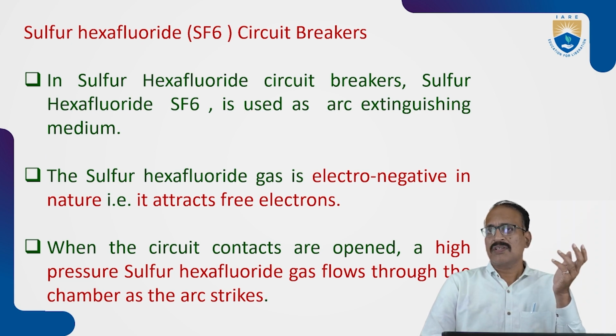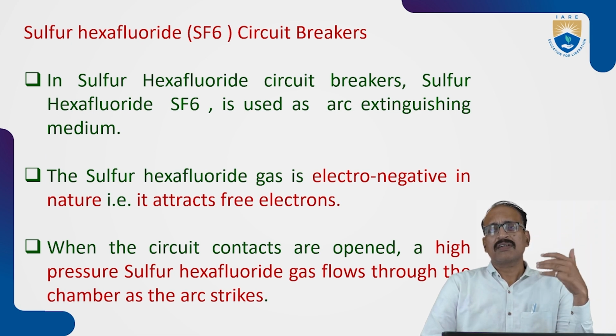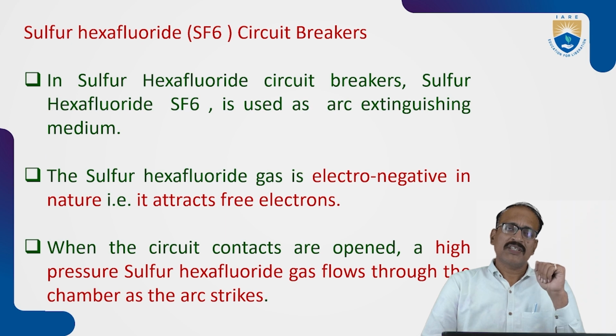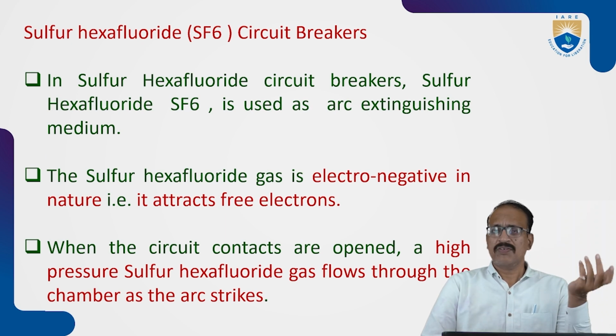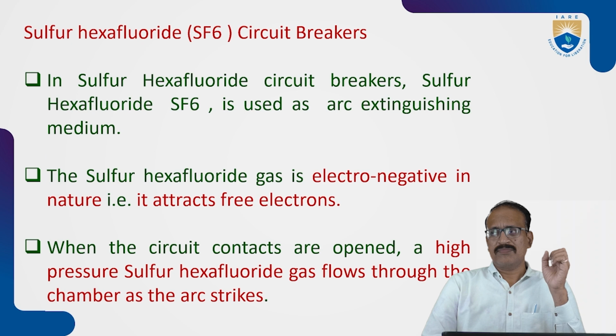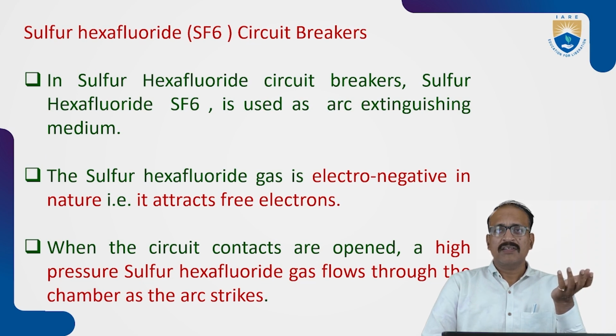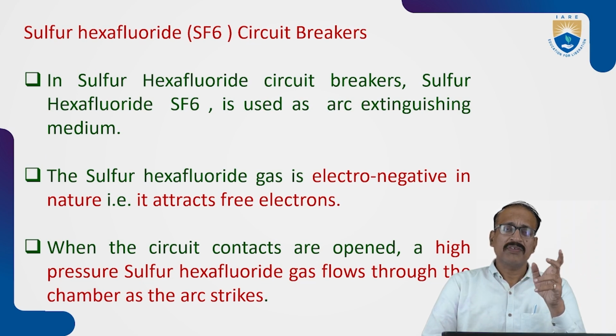We have discussed the air circuit breaker and oil circuit breaker, each better than the last, and SF6 is better than the previous circuit breakers because it is very fast. Since it is electronegative in nature, it absorbs electrons, so the short circuit will be closed as early as possible.